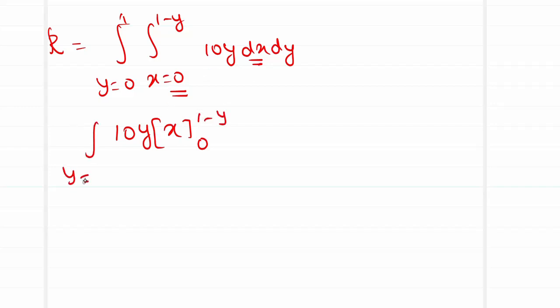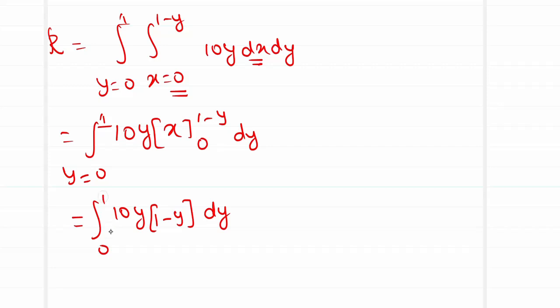Still we have to carry out the integration between 0 and 1 with respect to dy. So this gives me 10y times (1 minus y) dy, integral between 0 and 1. So it is 10 times: y times 1 on integration is y squared divided by 2, and the second term, minus y squared, on integration is y cubed divided by 3. The limits to be applied are from 0 to 1.